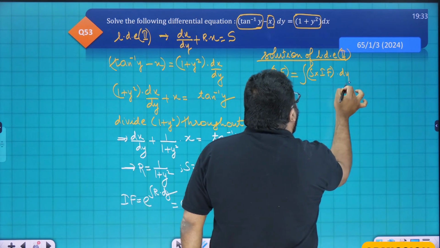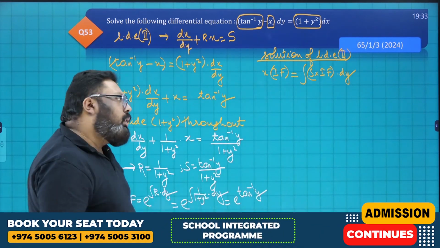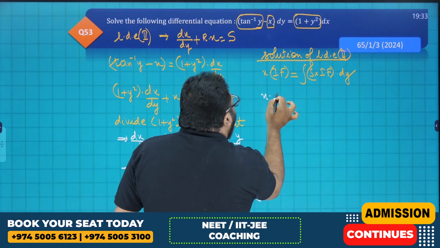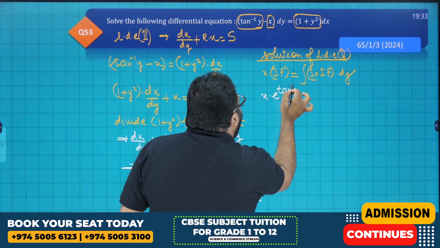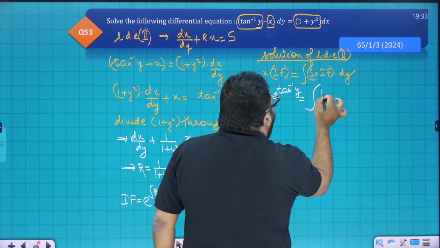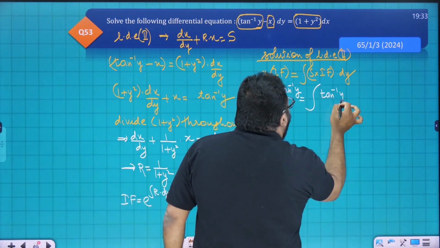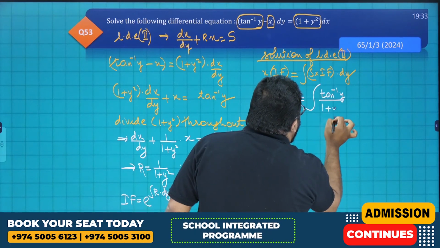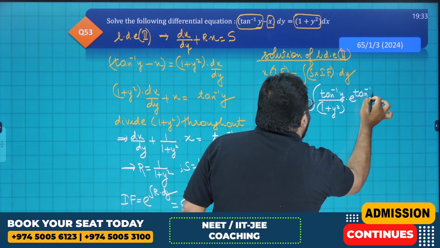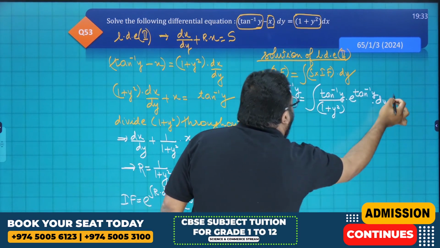But your functions are in terms of y, so dy. Substitute the answer, my dears, of the integrating factor. x into e raised to tan inverse y is equal to integral of tan inverse y by 1 plus y squared into e raised to tan inverse y dy.